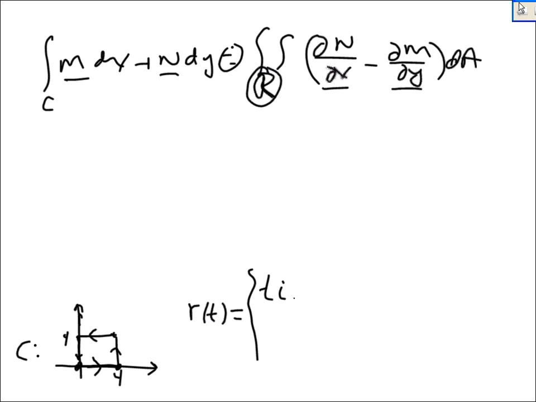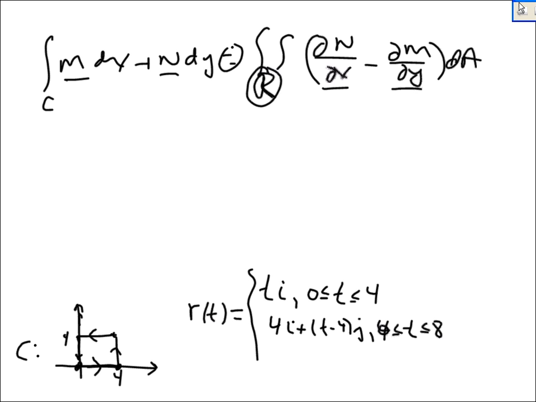R of t is t i as t goes from 0 to 4, of course. Then x is always 4, so it's 4i plus (t minus 4)j as t goes between 4 and 8.